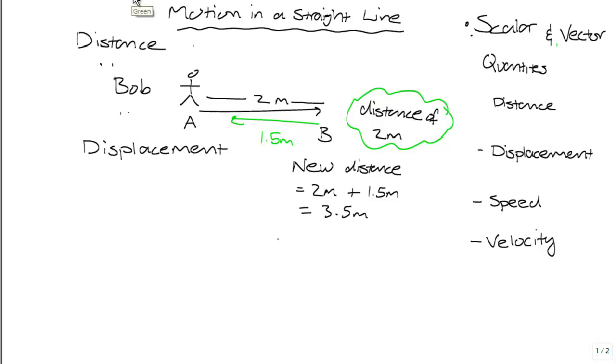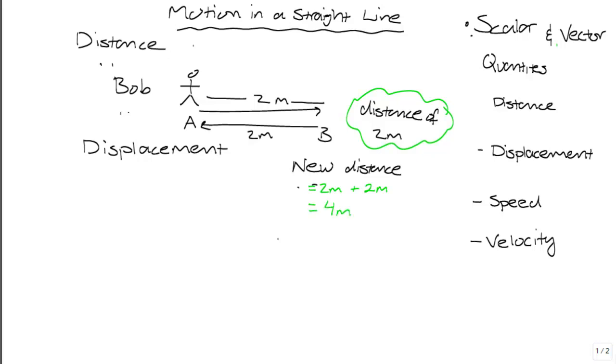And if instead of walking 1.5 meters, he walked the 2 meters back to his original starting location, then the new distance in that case would be equal to 2 meters plus 2 meters, which is equal to 4 meters.